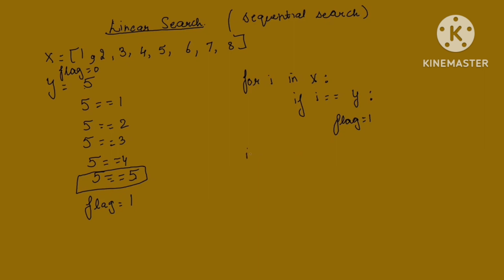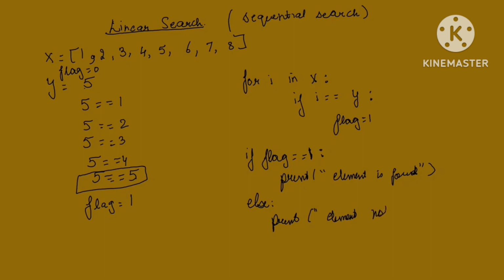Otherwise, if 5 equal to 5, we are making the flag variable as 1. So if flag equal to 1, that means the element is found. Print element is found. Else print element is not in the list.